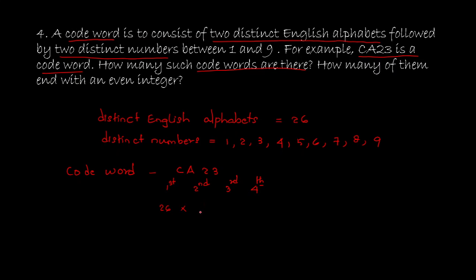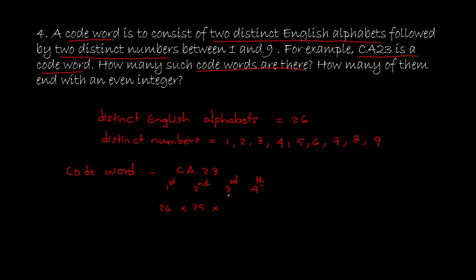Since we have chosen one alphabet from 26, the second alphabet can be selected in 25 ways. The third place is a number.